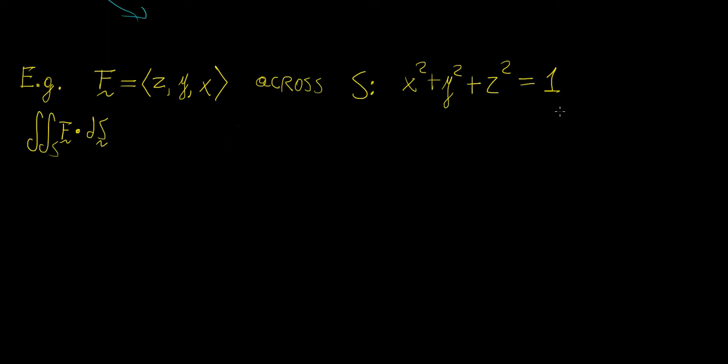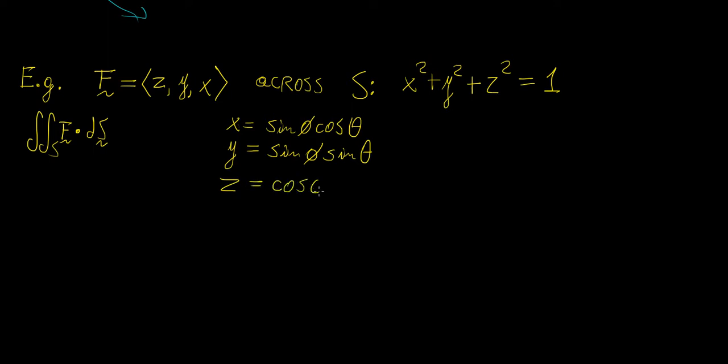Because we're dealing with a sphere again, we're going to use x equals sine phi cosine theta, the same thing we have been using so far, y equals sine phi sine theta, and z equals cosine phi. We have radius 1, so that's basically what goes in here.